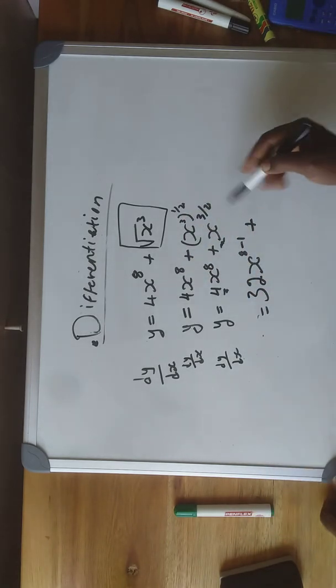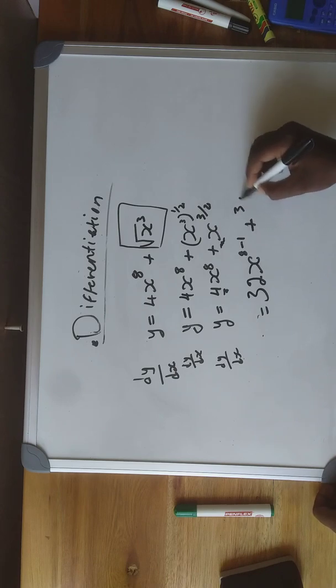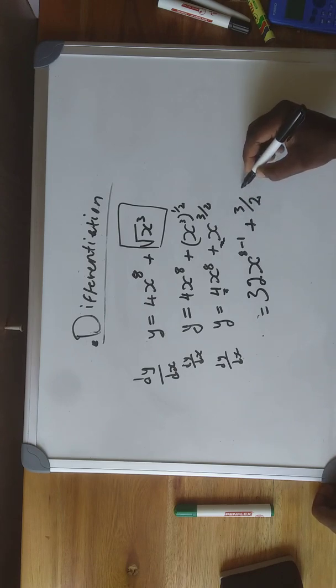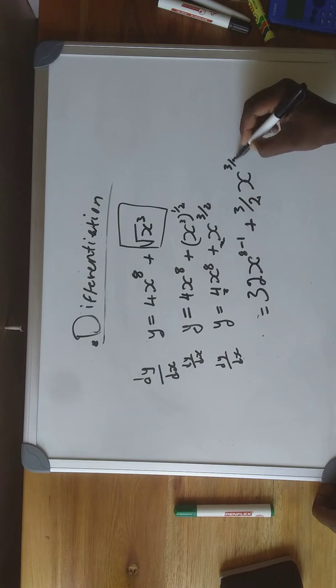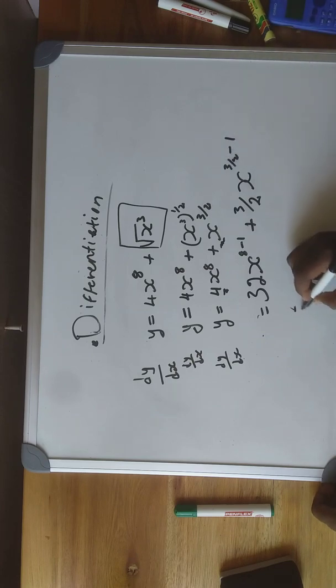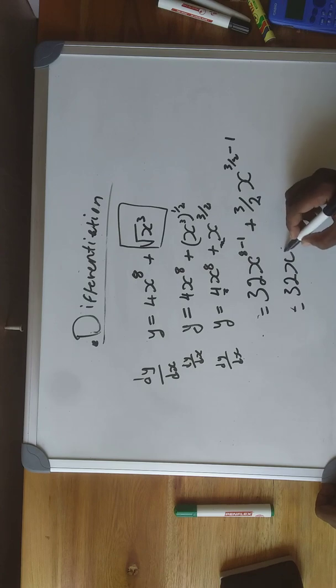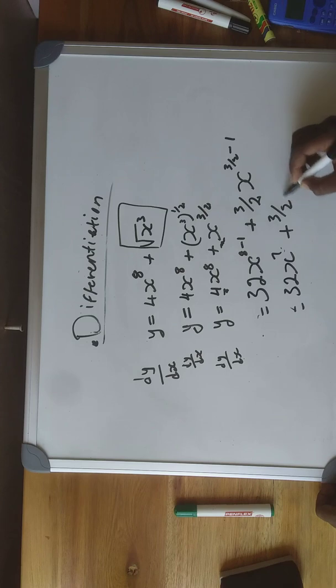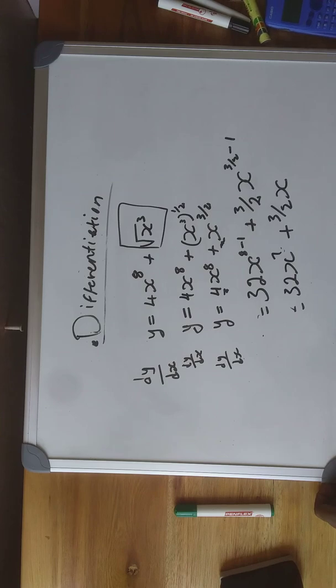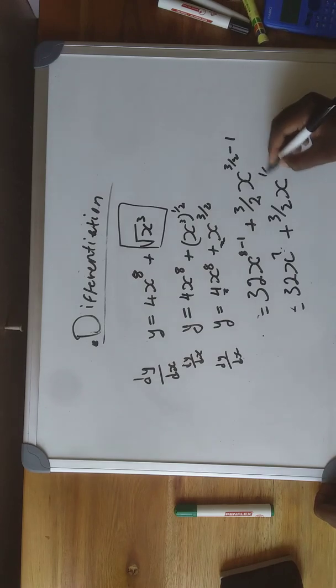I explained it a bit earlier. So we're going to have 3 over 2 times x to the 3 over 2 minus 1, which gives us 32x to the 7 plus 3 over 2 times x to the 3 over 2 minus 1, which is 1 over 2.